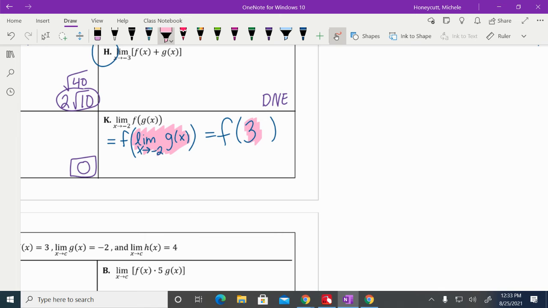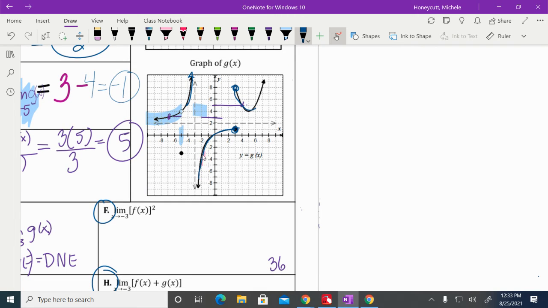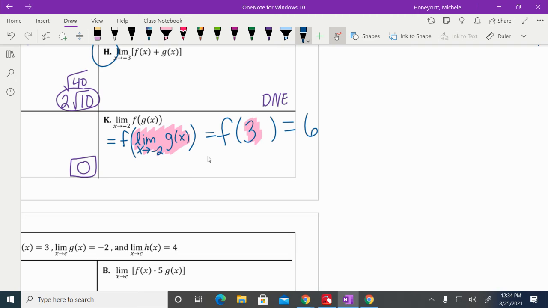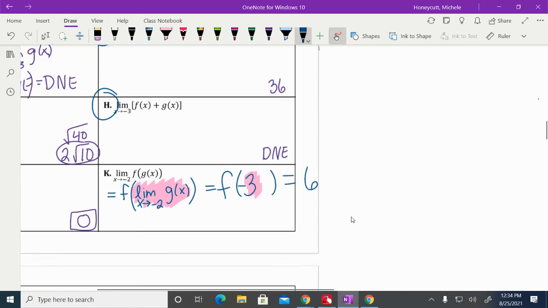Then go on f. Wait, did I get positive 3 or negative 3? I wrote down a negative here. It should be negative 3, as x approaches negative 2, the y values approach negative 3. So then on f, at negative 3, the y value is negative 6. So negative 6 is my answer.